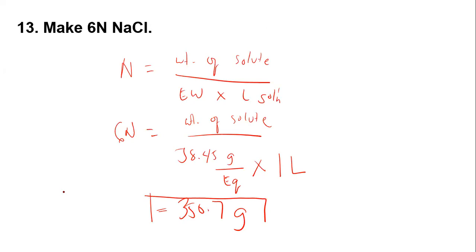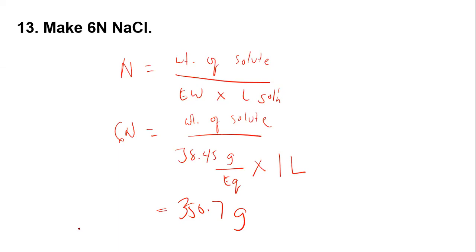Wait. Remember, it's asking for you to make. So, hindi po pwede na i-box si 350.7 grams. Okay? So, 350.7 grams, is this the final answer? Again, no. Kasi sabi niya make. So, you need to answer this in a sentence form.